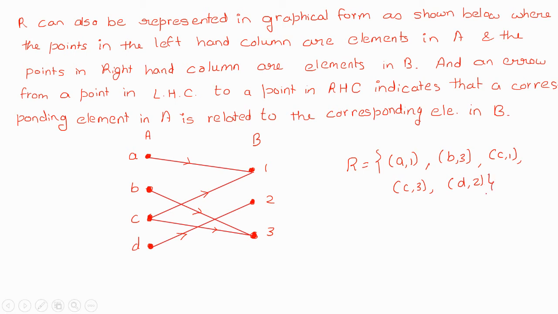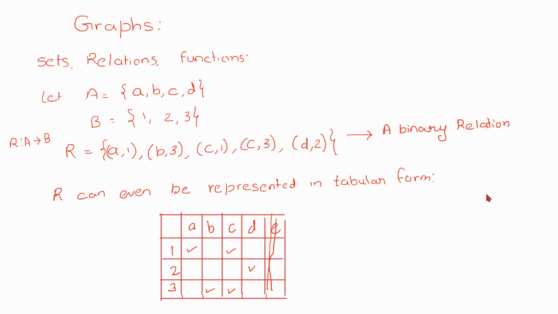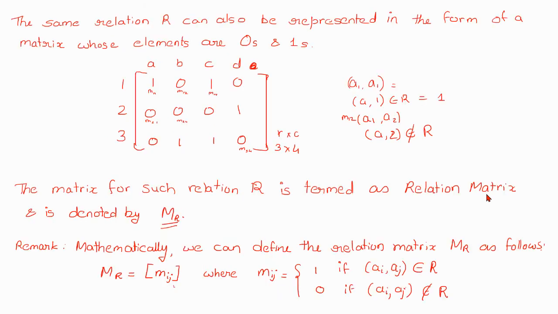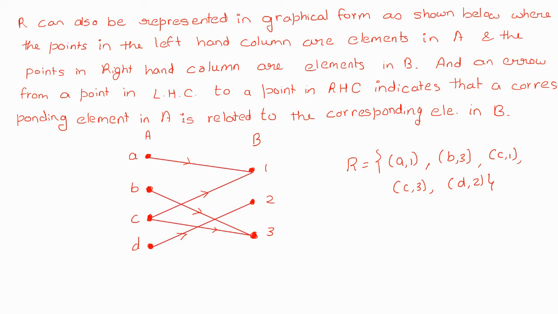If we go to see this, this is the same relation which we had started with: A comma 1, B comma 3, C comma 1, C comma 3, and D comma 2. That means the same relation can be represented graphically also.